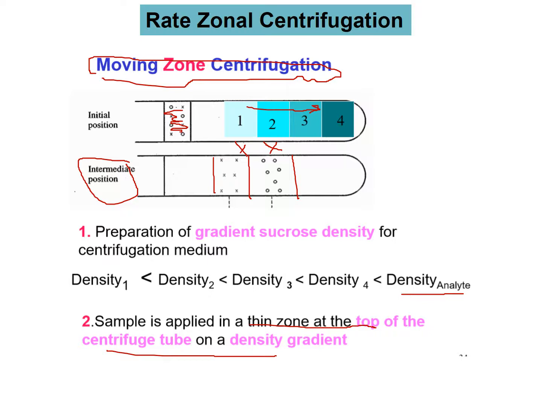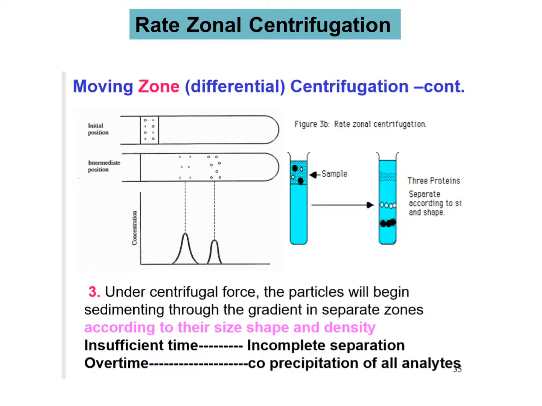Okay, so while you're describing that on the test, think how you could describe that. Under centrifugal force, the particles will start moving. And like I said, given enough time, they will pellet. So insufficient time, incomplete separation. If you go over time, basically that means they all pellet.